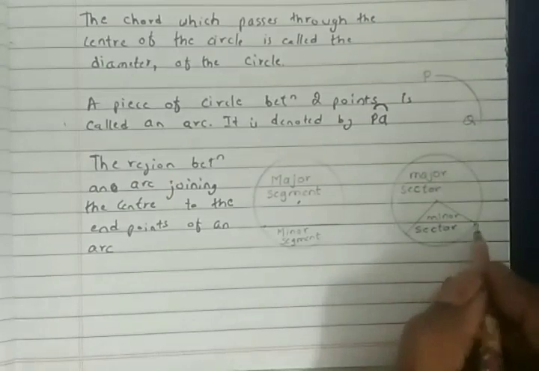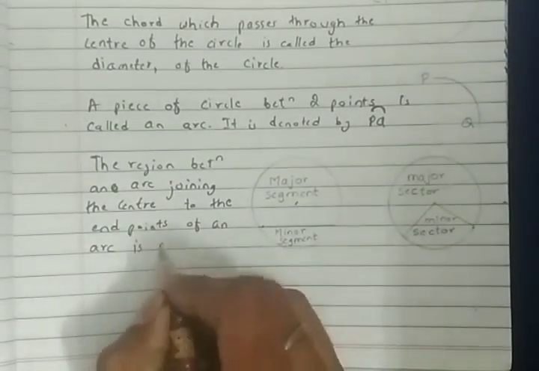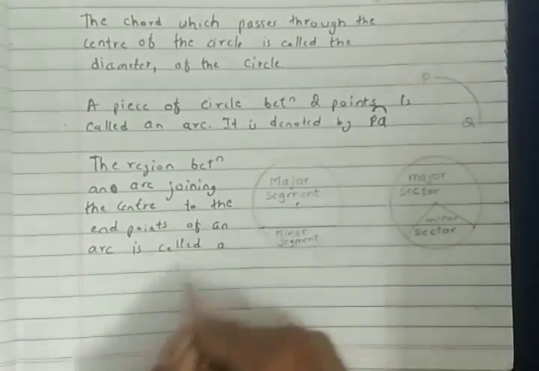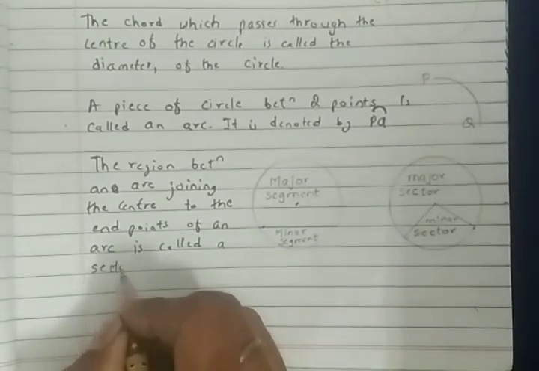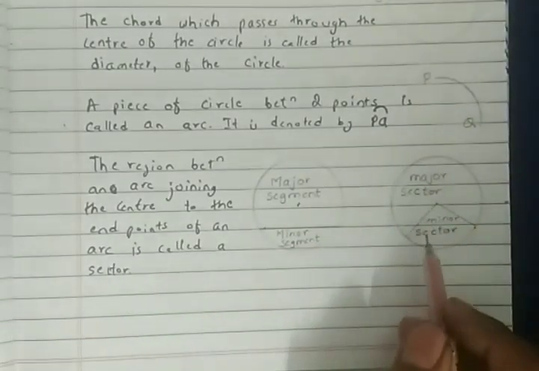These are the end points of the arc, is called a sector. You understood the definition of the sector?